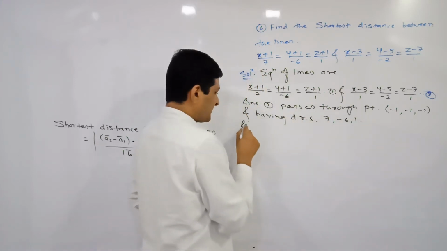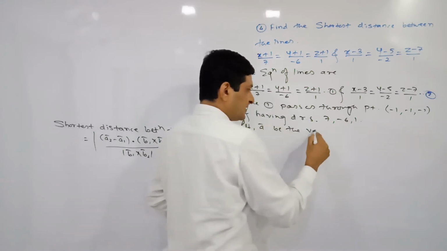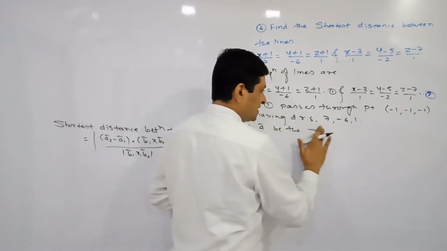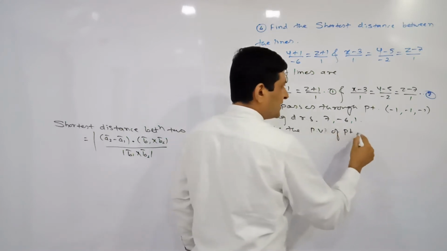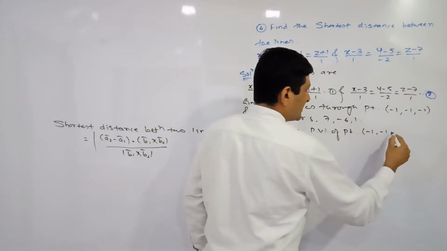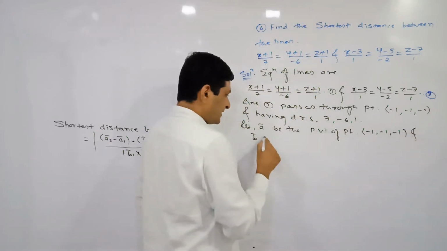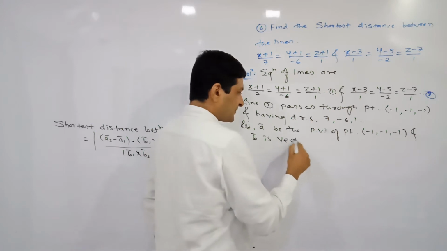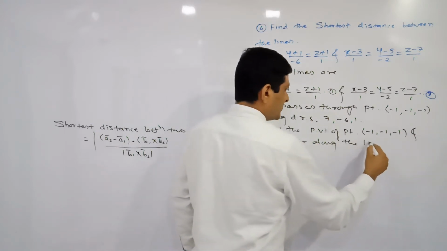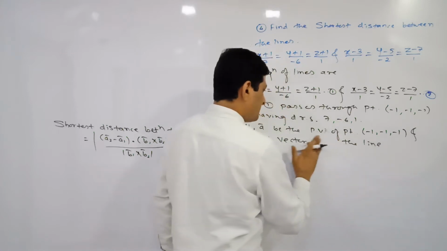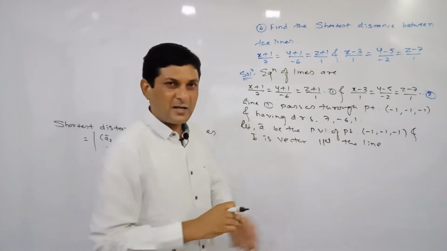So let a bar be the position vector of the point minus 1, minus 1, minus 1, and b bar be the vector parallel to the line.